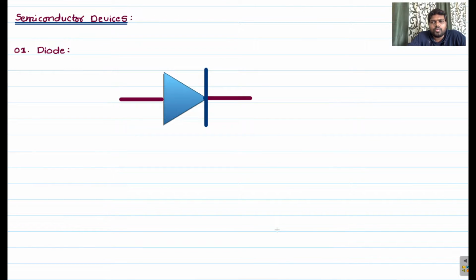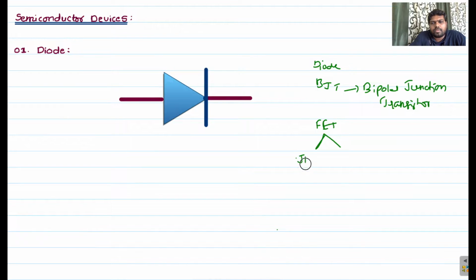We have diodes and BJT, the bipolar junction transistor. In the same way, we have FETs, which are classified into two types, JFETs and MOSFETs. FET means field effect transistor.